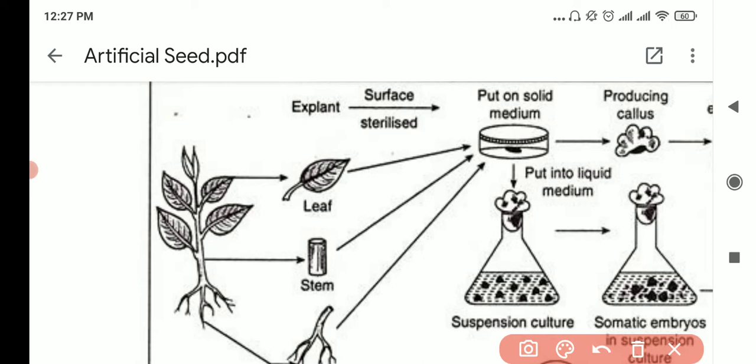If it's better to grow with a leaf, you use the leaf. That comes when you perform the experiment. You will notice that certain parts respond better. If you want more flowers, maybe you prefer to take from the stem, because certain plants behave differently. So you take the leaf or the stem or the root, it's your choice.